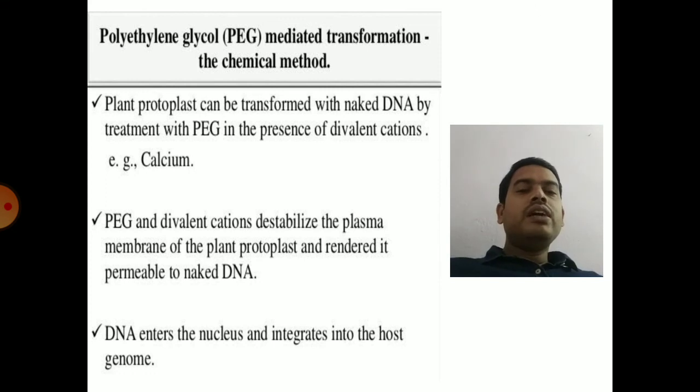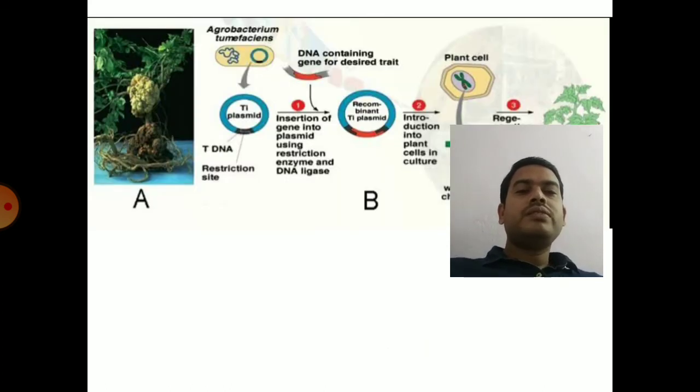Polyethylene glycol and calcium together destabilize the plasma membrane of the plant protoplast and make it permeable to the foreign DNA. So the foreign DNA can easily enter into the cell. This is how you transfer your foreign DNA into protoplasts.